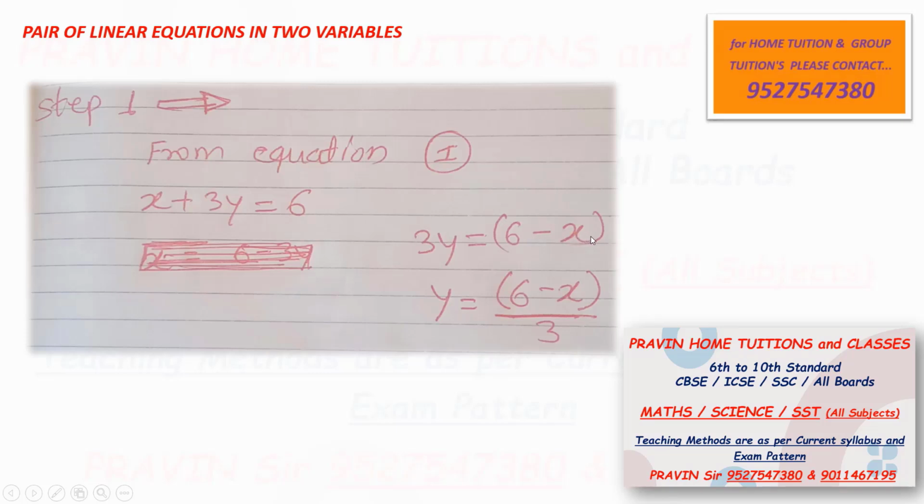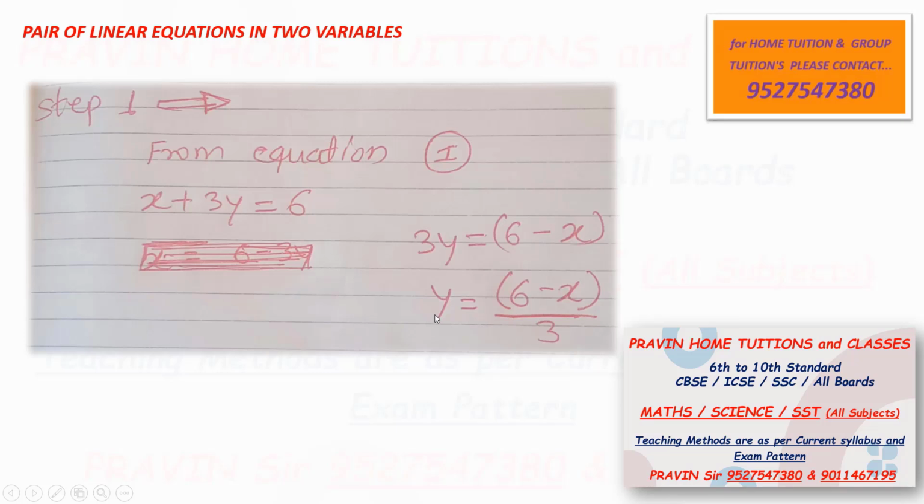So 6 minus x. Now transpose this 3 to this side. So y is equal to (6 minus x) divided by 3. What we have done here is calculated the value of y in terms of x.